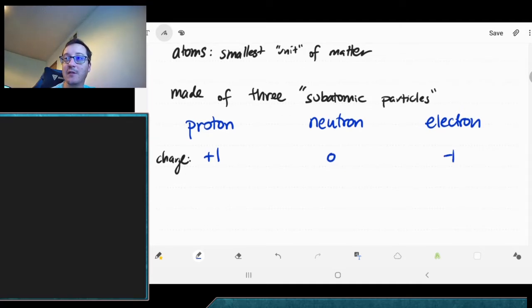That's going to be our main way of talking about them, because when they were first discovering the existence of subatomic particles, the easiest way to distinguish them was their charge, because we knew something about electricity at the time that these were discovered.